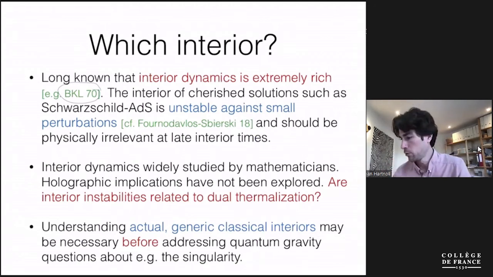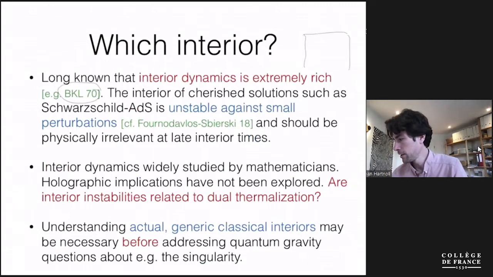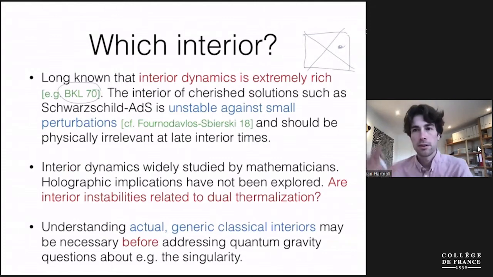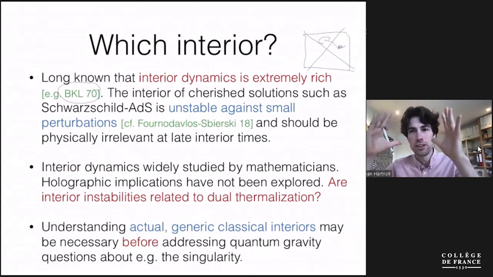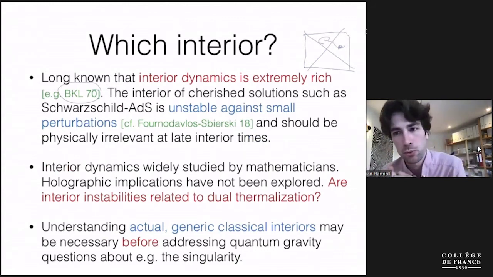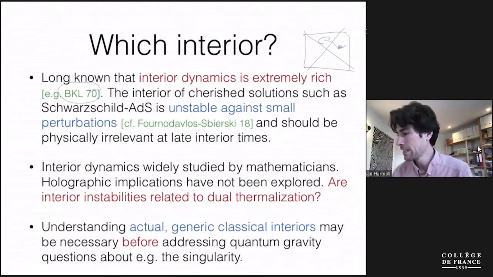So let me go back to, maybe I'll draw it here. One more time, here's this diagram. If I make a small perturbation here, the exterior just goes back to being Schwarzschild again, right? The energy falls into the horizon, the black hole grows a little bit, but then it goes back to being Schwarzschild again. So if somebody sneezes outside the black hole, nothing bad is going to happen.